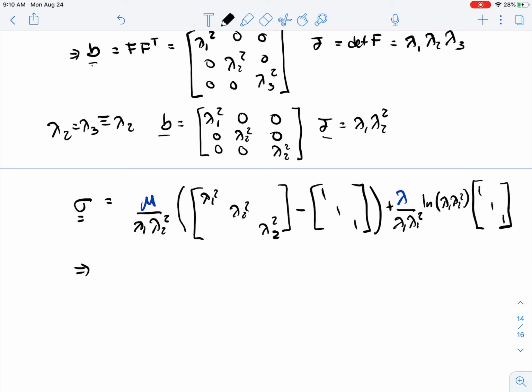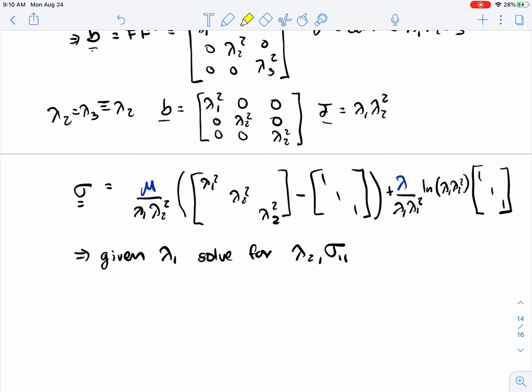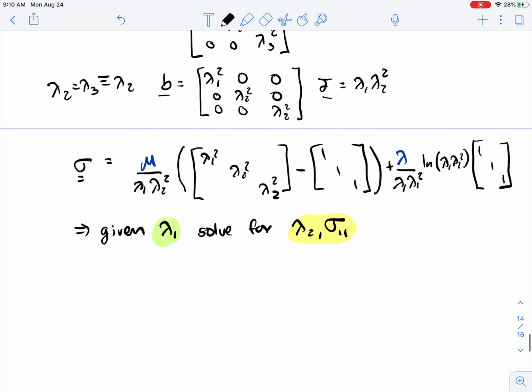So in this case, given lambda 1, solve for lambda 2 and sigma 1, 1. So these are my unknowns, lambda 2 and sigma 1, 1. And then lambda 1 I know. Let's say I know lambda 1.